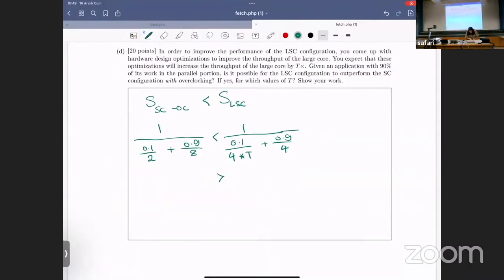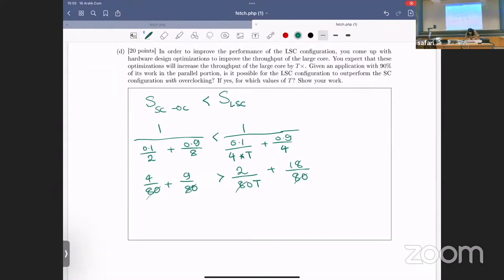Then again, we do some small things. Okay, let's make everything 80. Okay, 4 divided by 80 plus 9 divided by 80. And here I would have 2 divided by 80t plus 18 divided by 80, right? So this thing goes away from here and there. And in the end, let me see.